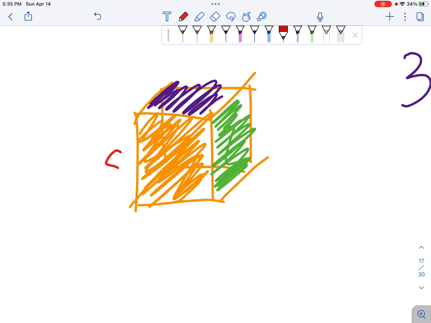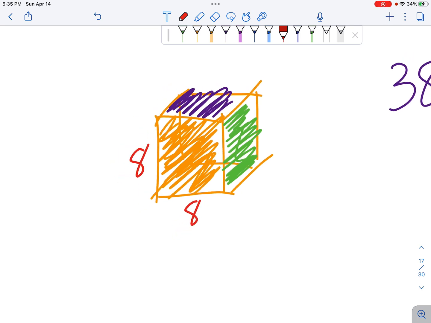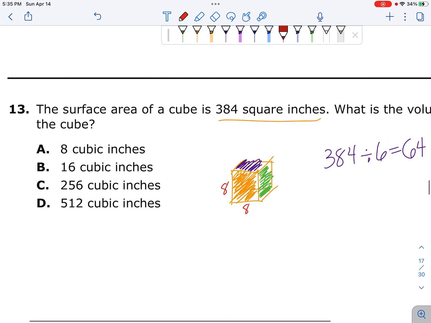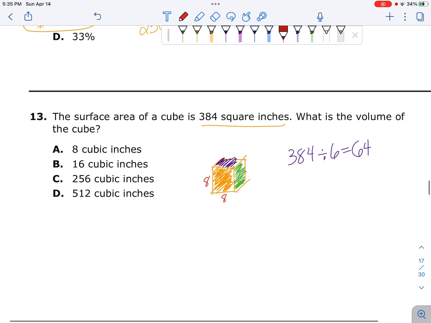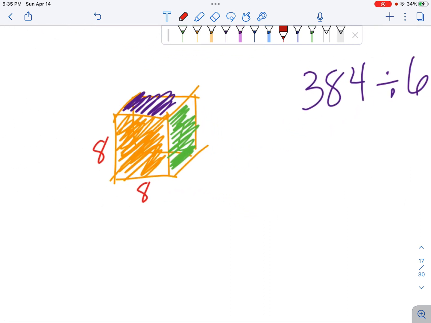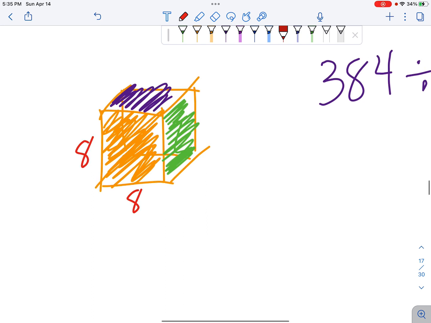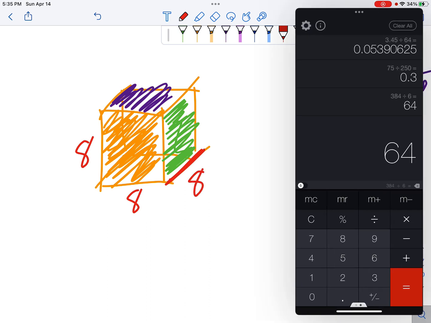That means it's 8 tall and it's 8 across, because 8 times 8 is 64. So now if you want the volume of the cube, to find volume, you need to find the area and then multiply it by the depth. And this side is also 8. So this is really 8 to the third power, or 8 cubed. There it is, it's 512.